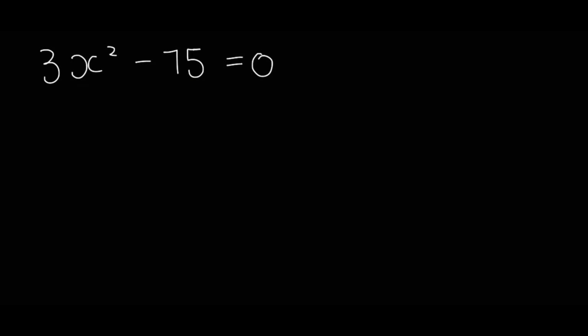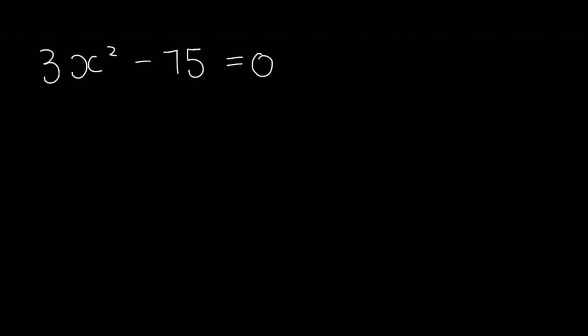But if we try to check, this number is not a perfect square, because even 3 is not a perfect square. If we look for a root, we will not get a whole number. So 75 and 3 are not perfect squares. So this means we cannot apply the perfect square directly.